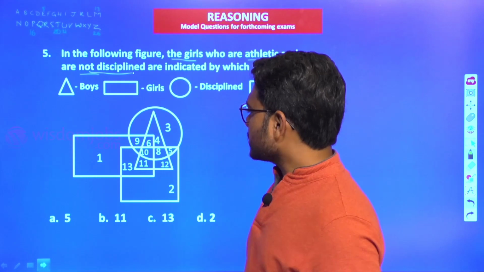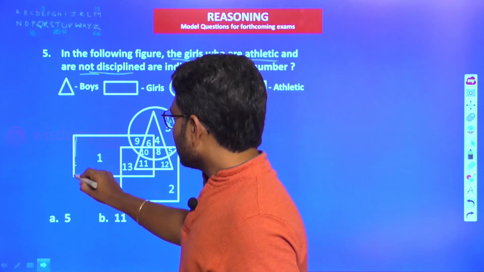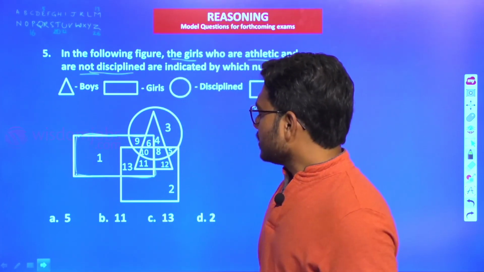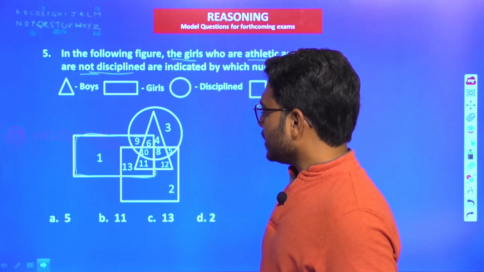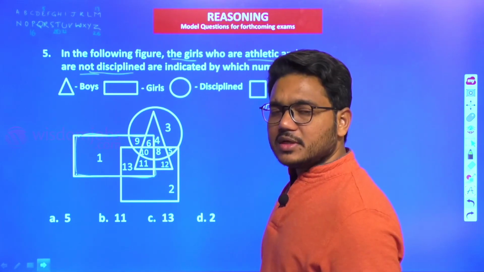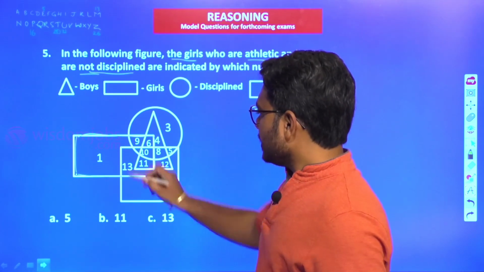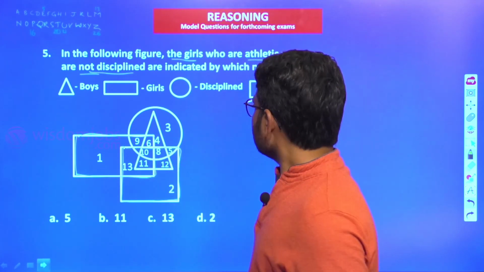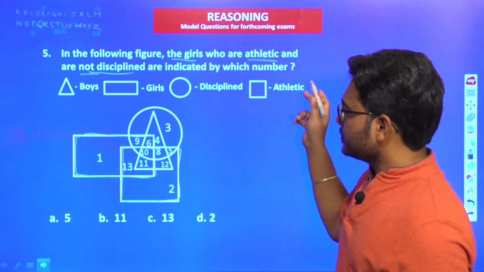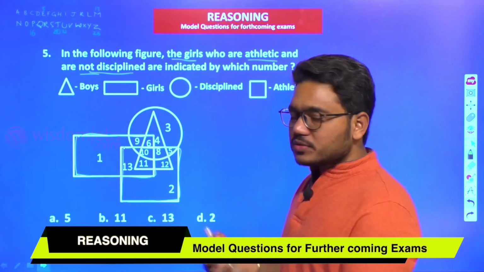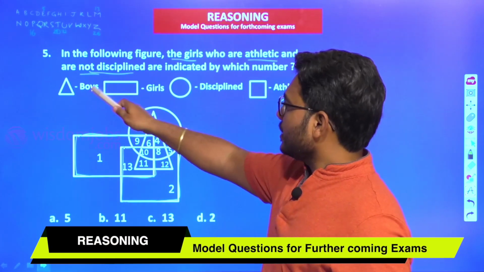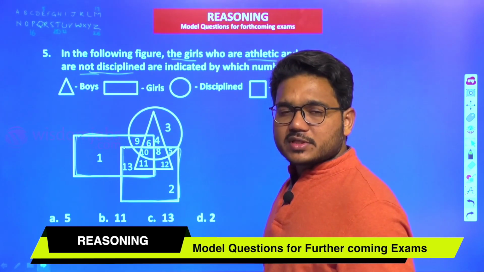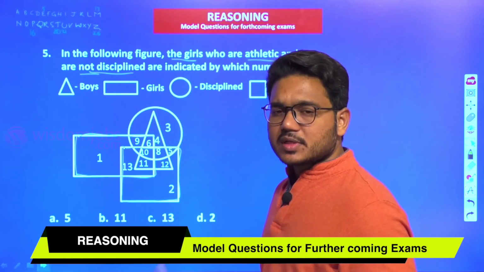What is the area you could see? This is the rectangle, which is related to girls. Then this is the square, which we are indicating with respect to being athletic, and obviously we need to remove the areas where this delta or triangle represents boys, obviously the mutually exclusive things, girls and boys.